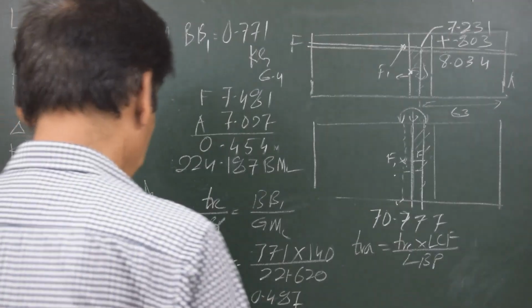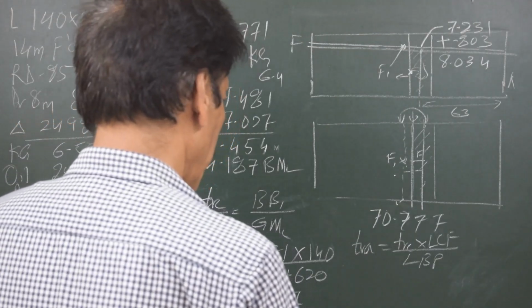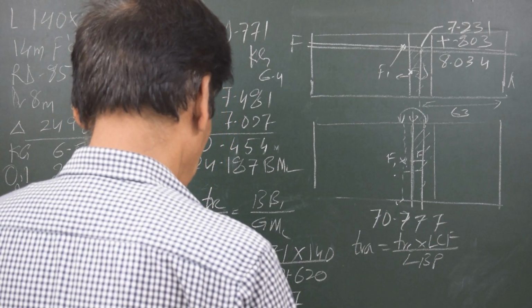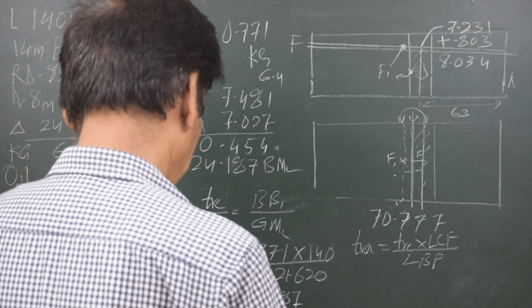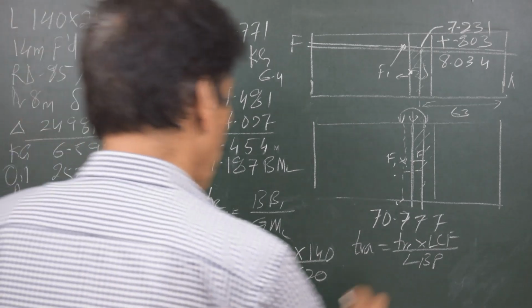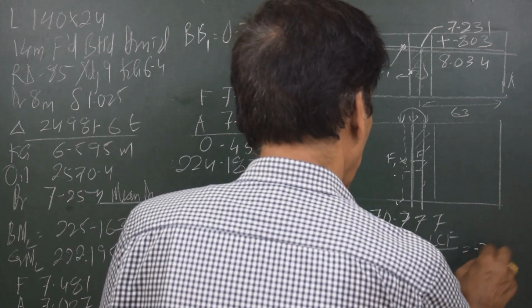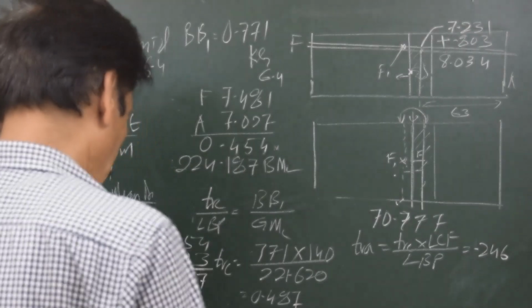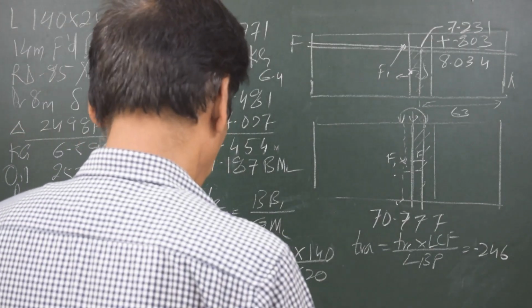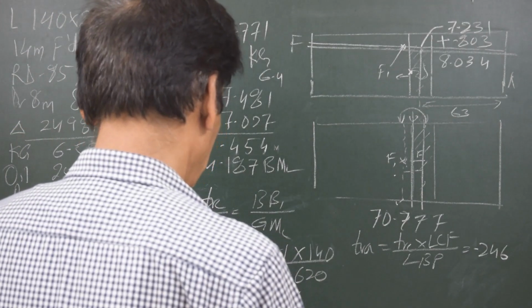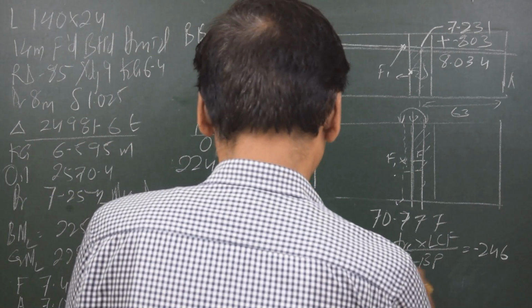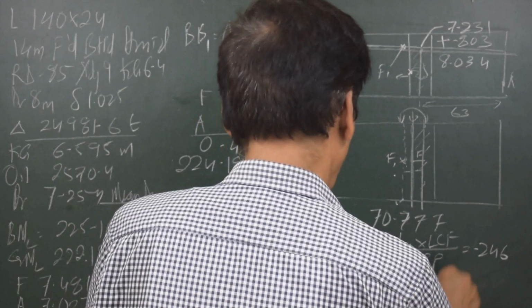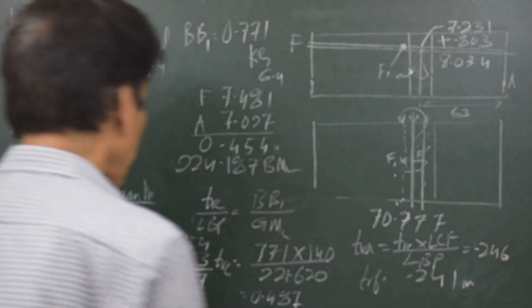So that is 0.487 into LCF 70.777. That is 0.246. And this, when I subtract from 0.487, gives me TRF, 0.241 meters.